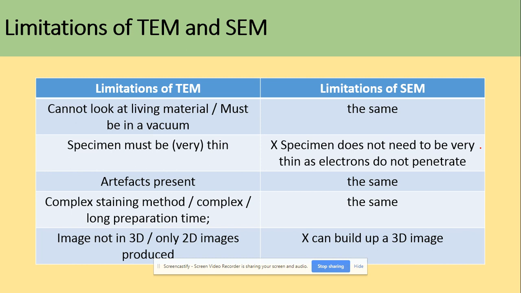The TEM image will be only in 2D, but we will have a 3D image with the SEM microscope. And as mentioned before, TEM requires a complex preparation, and the same applies to SEM. So make sure you know your limitations as well.